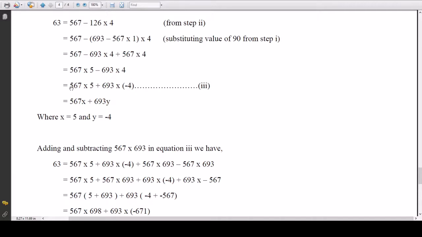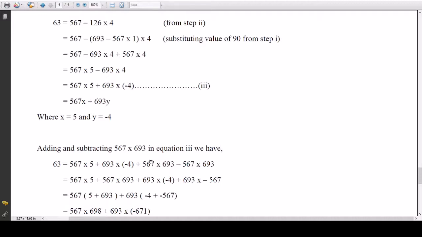So if you add and subtract, the equation will remain the same. This equation 3 will remain as equation number 3 only, because you are adding and subtracting the same number. But it's not just adding and subtracting.